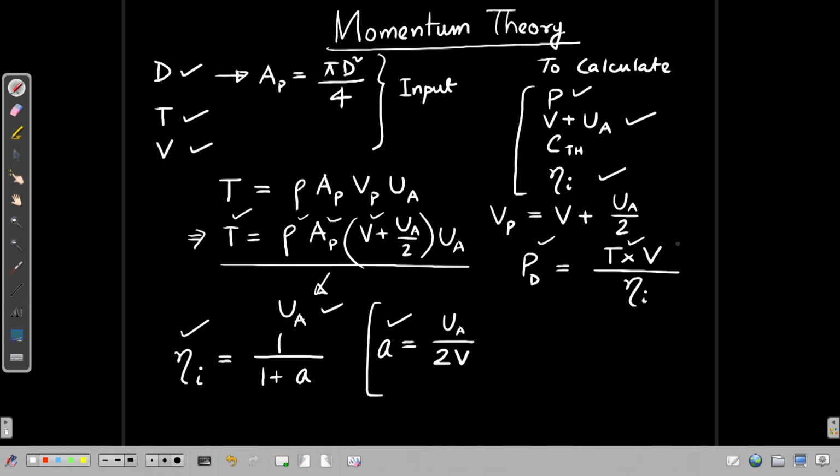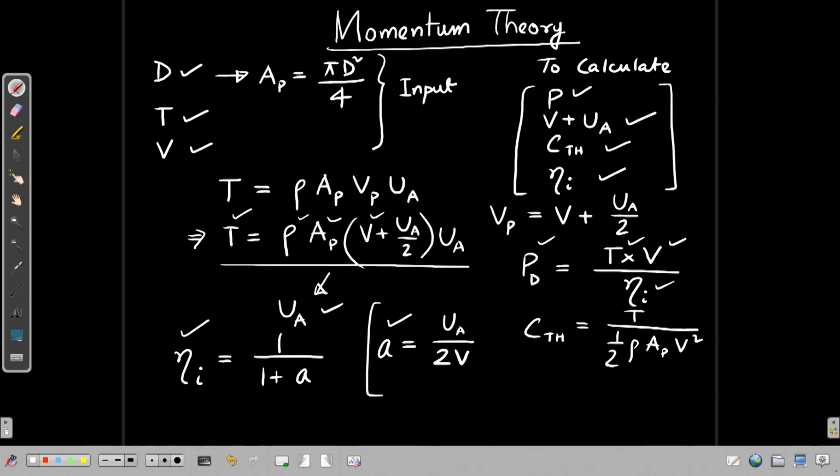We know all these terms T, V and eta I. So, P can be calculated, and finally the thrust loading coefficient CTH can be computed as T by half rho area of the disc into V square. In this way, all the terms can be calculated for this problem.